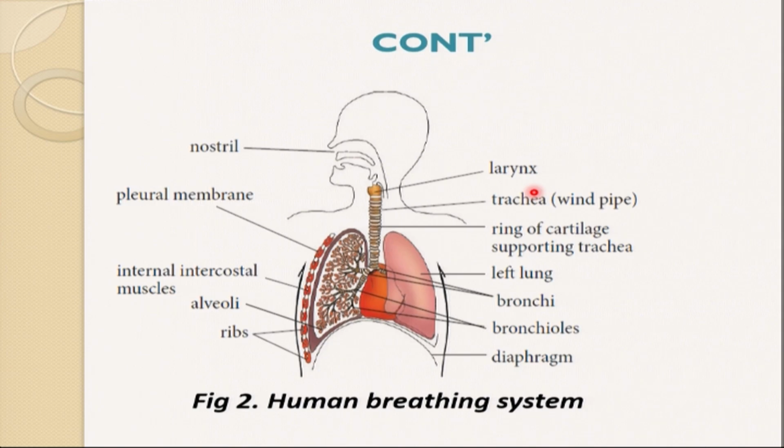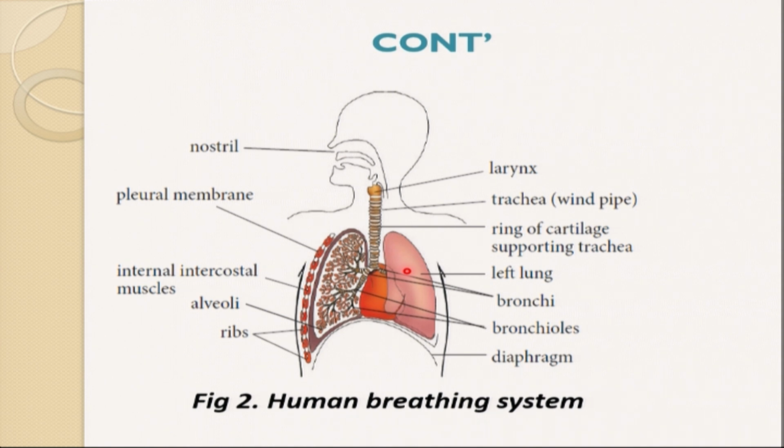We have rings of cartilage. Most of the trachea has cartilages supporting it, which is very important. We have the lungs, because our body must have two lungs: the left lung and the right lung.